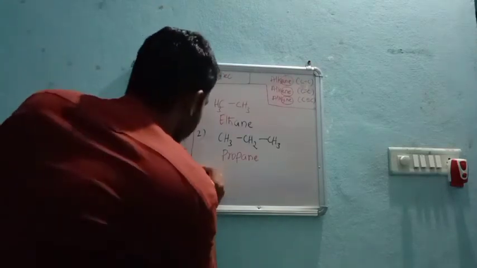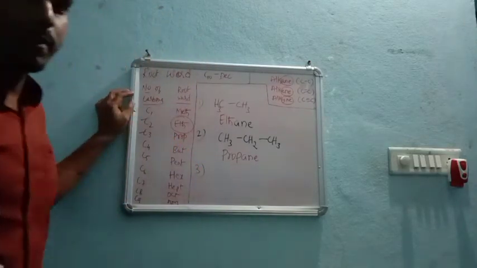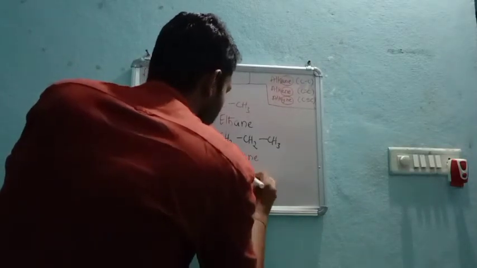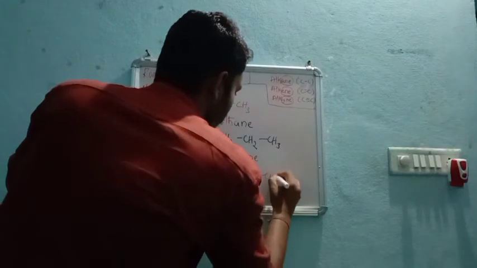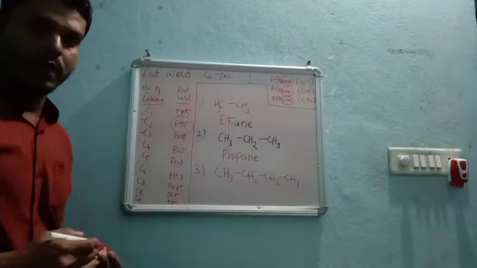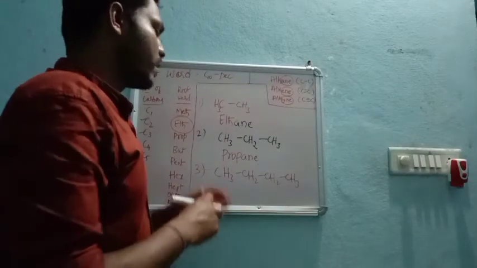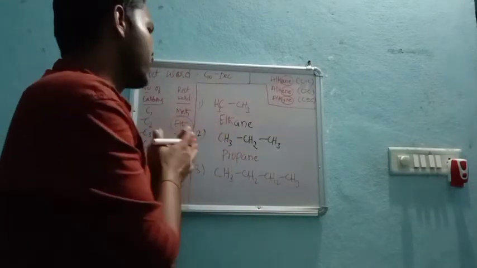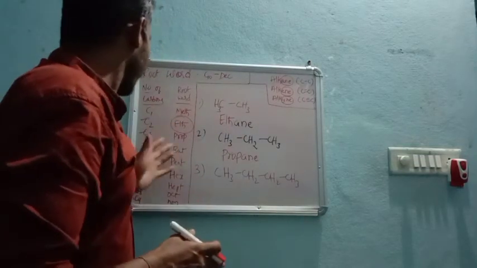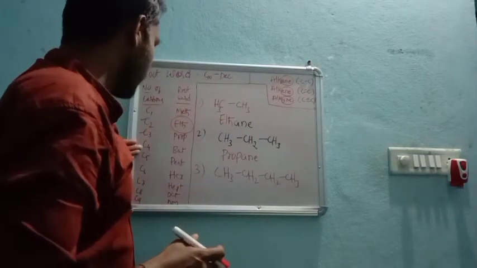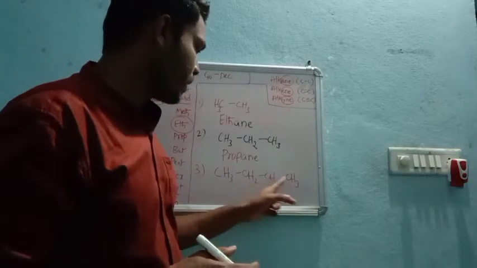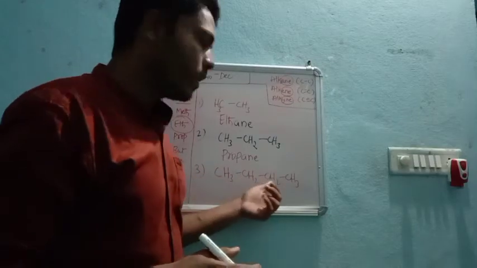Now we will take one more example. CH3, CH2, CH2, CH3. Right? So again, according to the simple rule, we have to move. Now there are 4 carbon atoms present in this organic compound. 1, 2, 3 and 4.